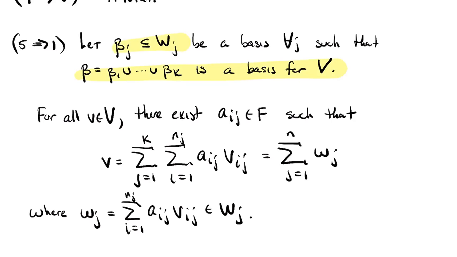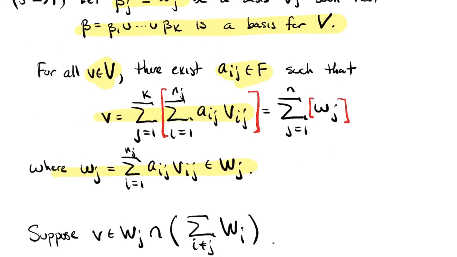All right, so if you give me any v, I can certainly find a bunch of scalars to write v in terms of those vij's because beta is a basis, right? And I'm going to group the same way. If I fix a j and call that thing I just wrote in brackets wj, then I've written v as a sum of wj's where wj belongs to the jth subspace.